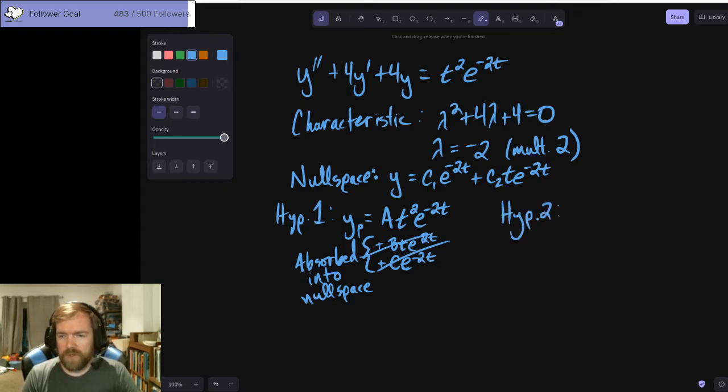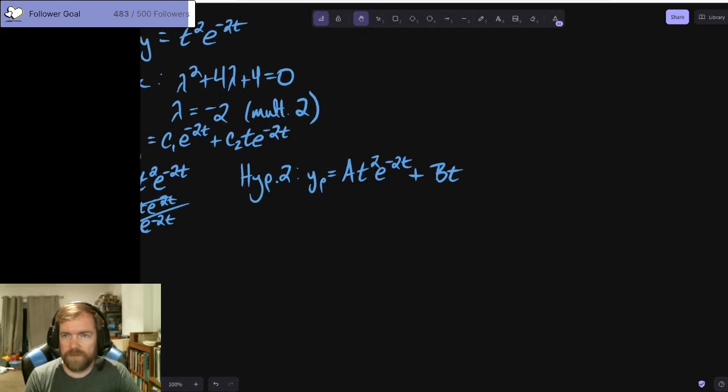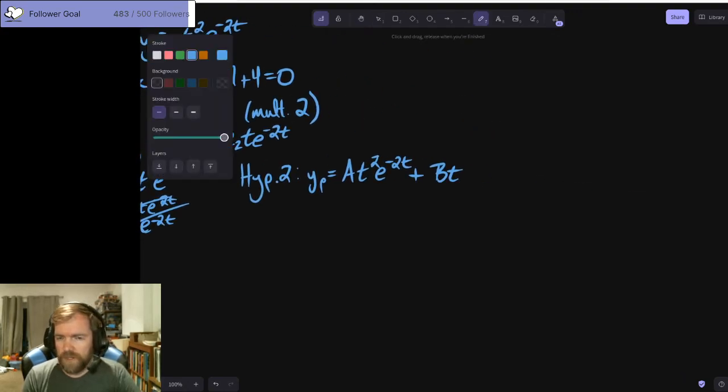Hypothesis 2 is that we're going to start with yp is equal to a t squared e to the negative 2t plus bt, and yes, I know it looks almost exactly the same as what I just wrote. Fear not, this is going to change.